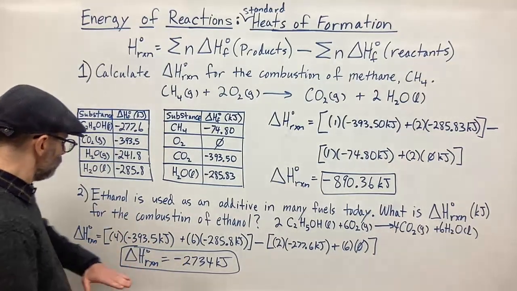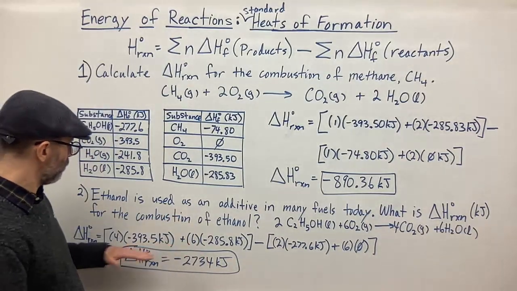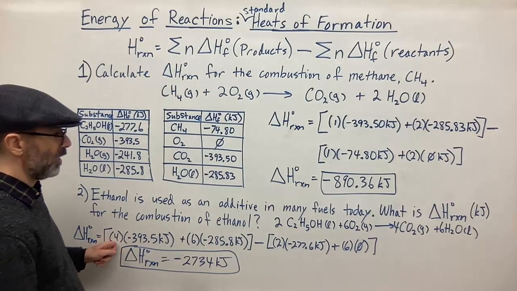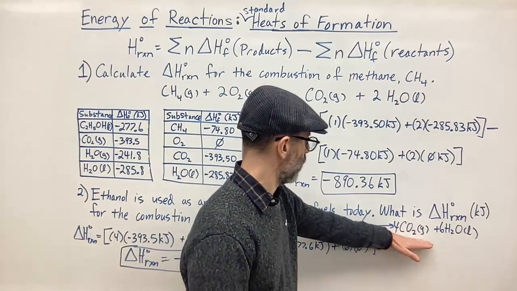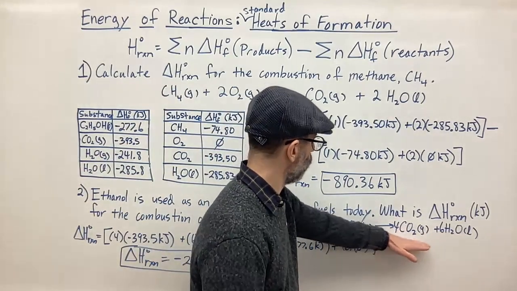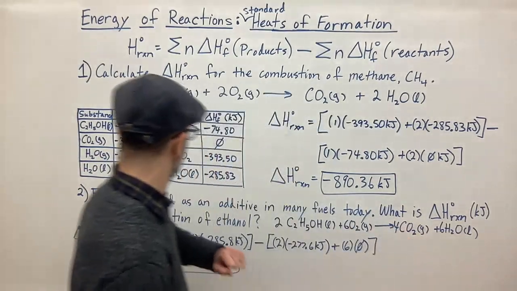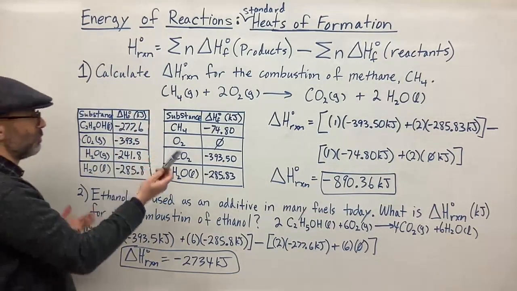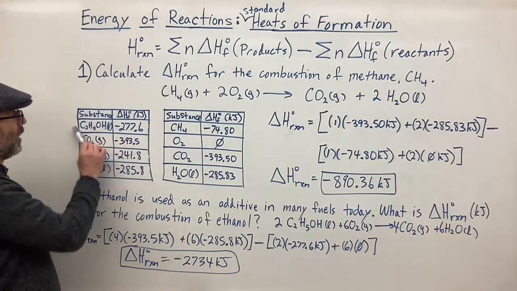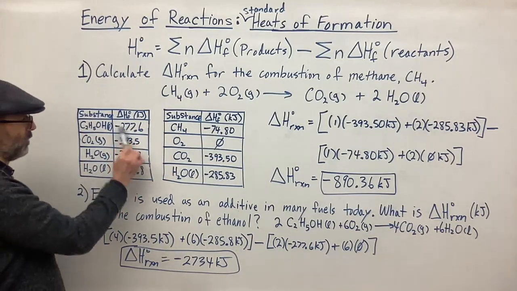So here I'm starting with my products: 4 carbon dioxide. Again, I go to my table. This time the numbers are pretty similar, except now I have ethanol in here, so I'm going to use ethanol.